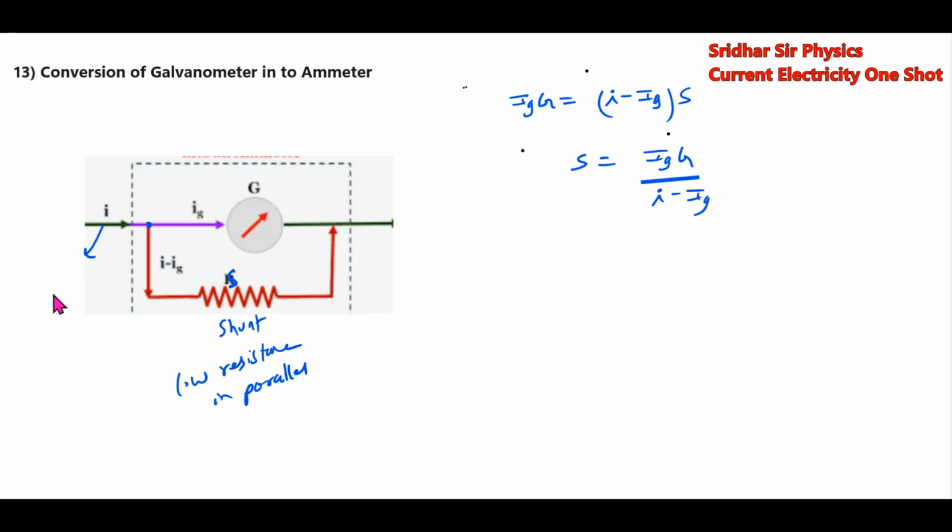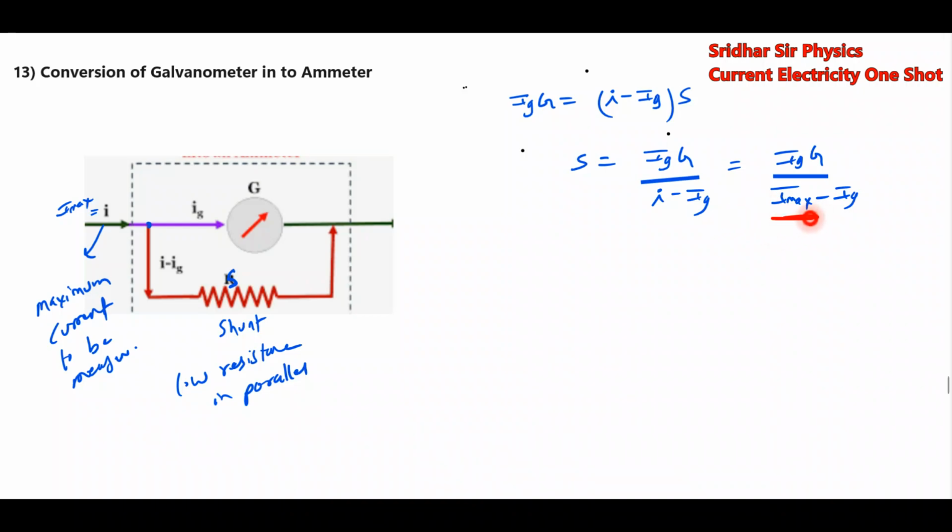Here I is the maximum current to be measured, which we also call I max. So as the range of the galvanometer increases, the shunt value will decrease.